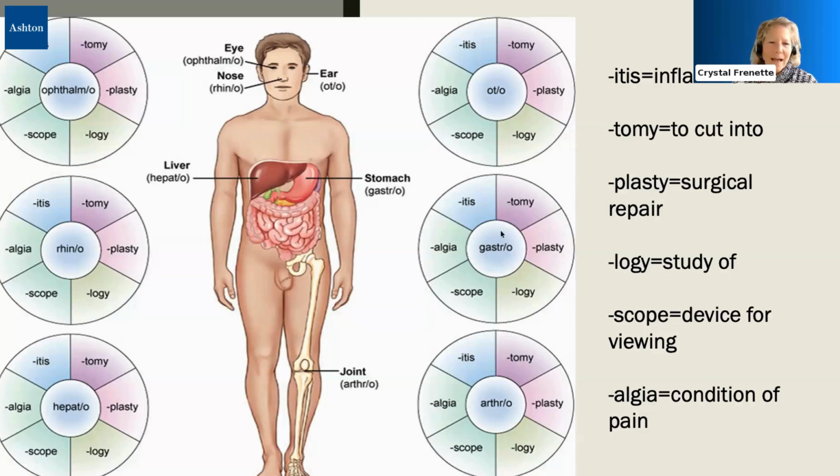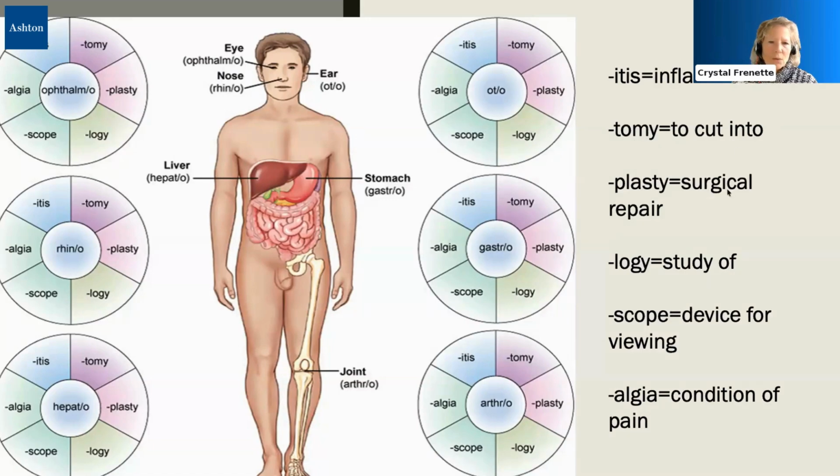So here again, gastro, for instance, we can add on any one of these suffixes and know that the suffixes mean the same thing, whether we add them to gastro, about the stomach, or to arthro, about a joint, and so on. So gastrotomy is going to mean to cut into, once we know what tomy means at the end of a word.